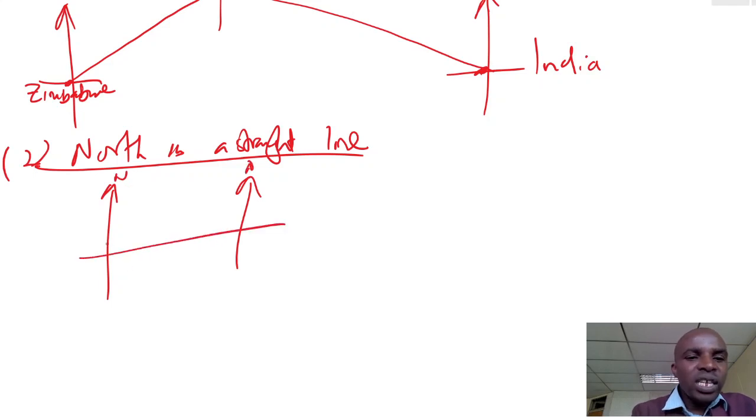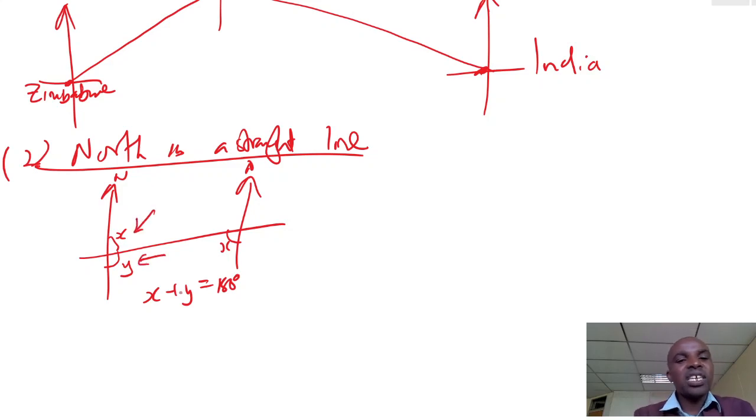Then if I join them, this angle and this angle are actually the same, x and x. Then this angle and this angle, y and y. We can say x plus y equals 180 degrees. Why? Because they are adjacent angles on a straight line. This angle is adjacent to this, so they are supplementary, which means they add up to 180 degrees.